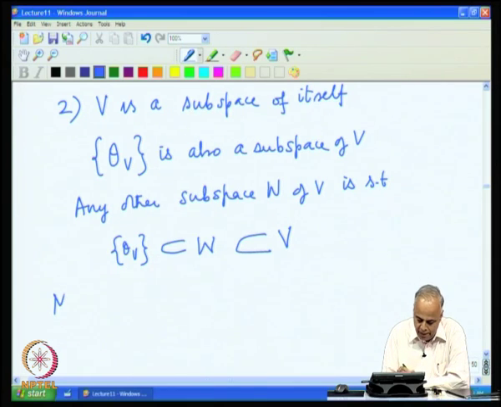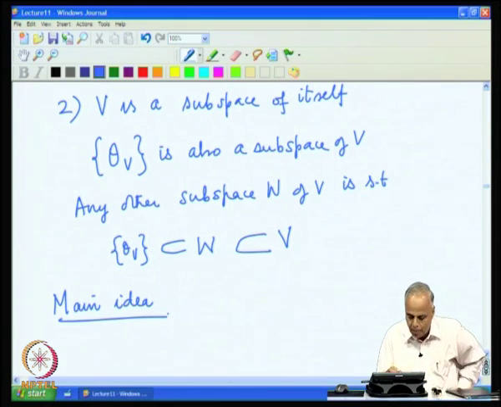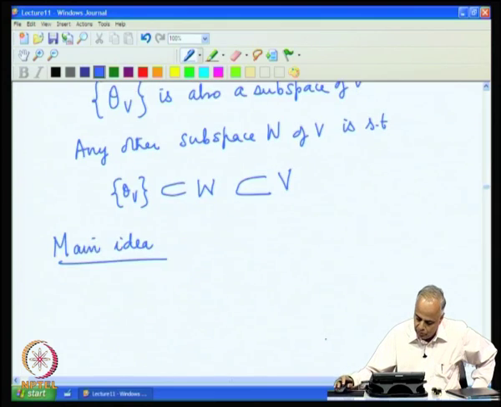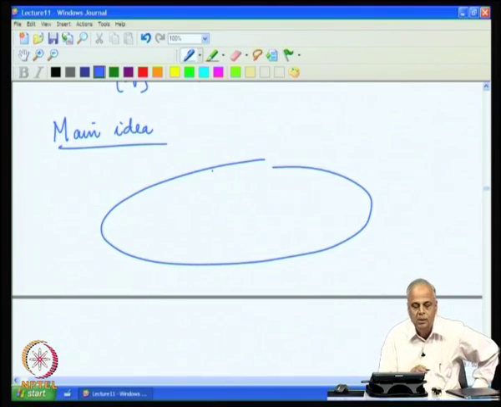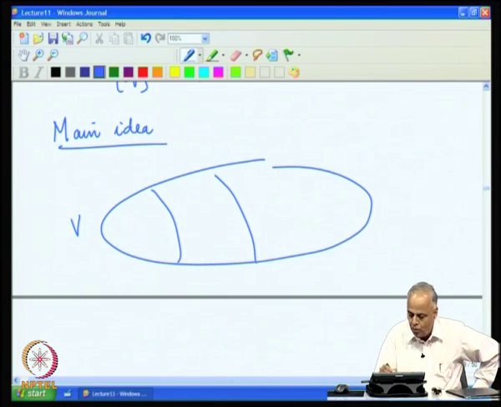So, the main idea in analyzing a problem in vector spaces is, you take the full vector space V and try to chop it off into small subspaces.